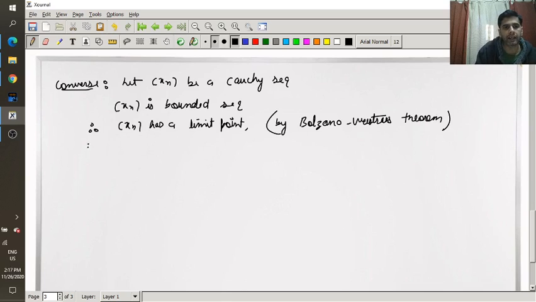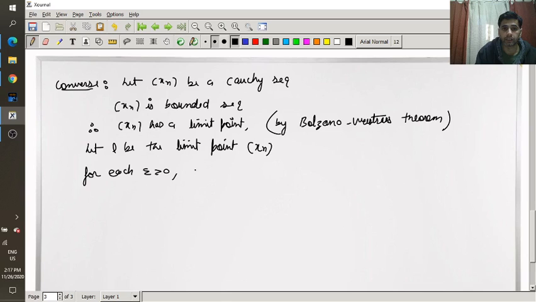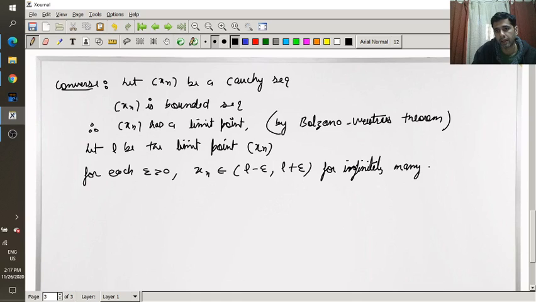Sorry, let L be the limit point of xn. Then for each epsilon greater than 0, xn belongs to (L minus epsilon, L plus epsilon) for infinitely many n.